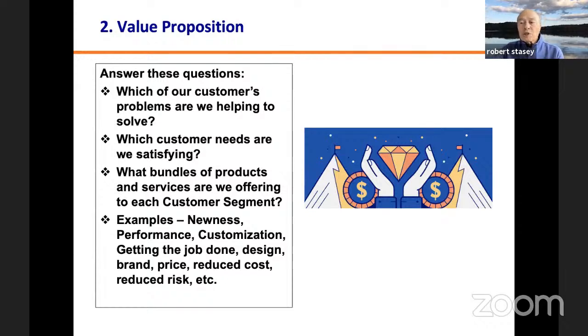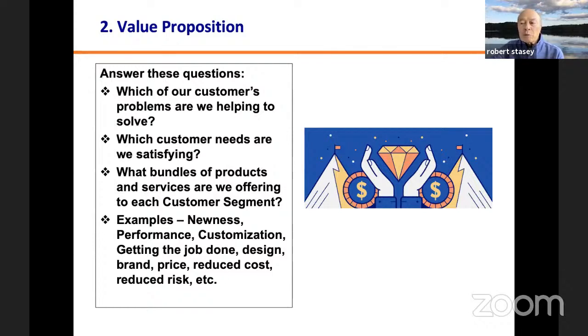Let's move to value proposition. Osterwalder would argue that the value proposition is a collection of products and services a business offers to meet the needs of its customers. According to him, a company's value proposition is what distinguishes it from its competitors.